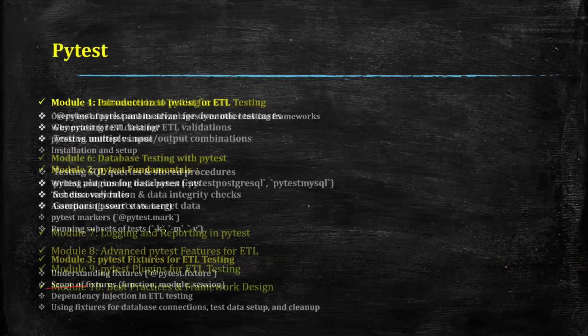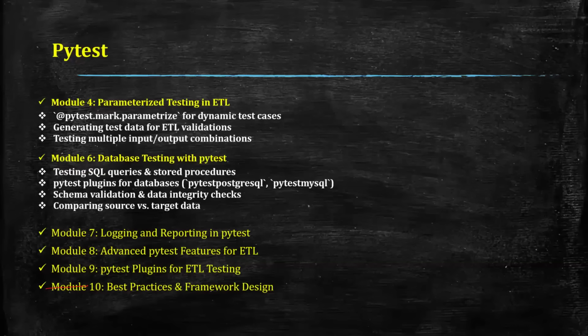And other than that, we are going to discuss how to generate test data for ETL validation using the Python random module, including testing with SQL queries and stored procedures. We will discuss logging and reporting. Once we do that, we generate the reports.